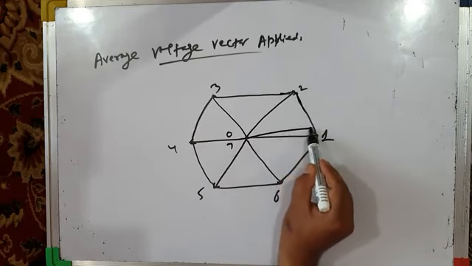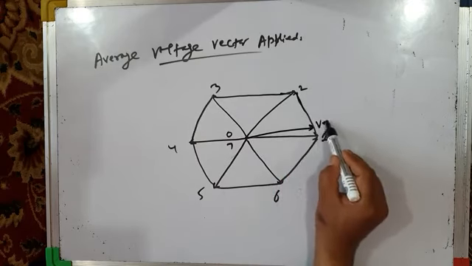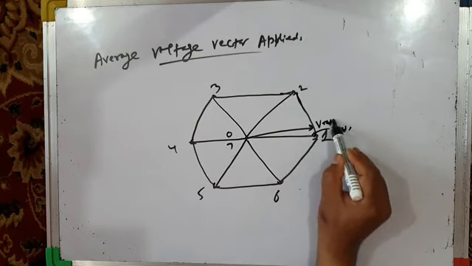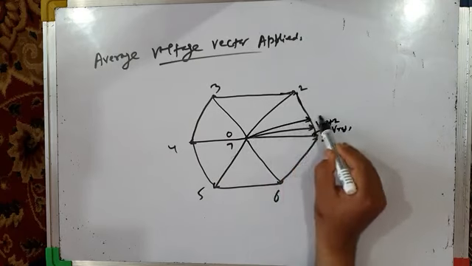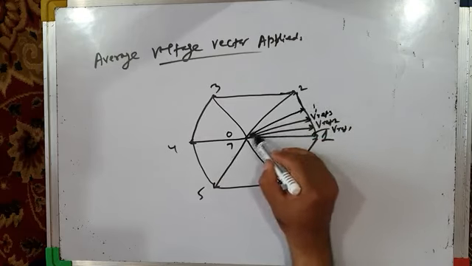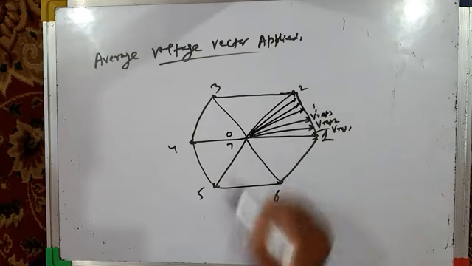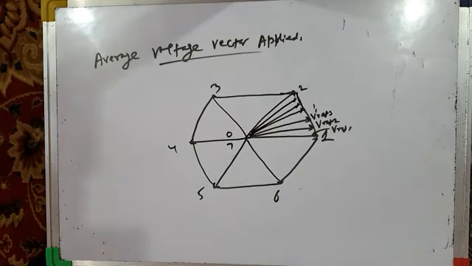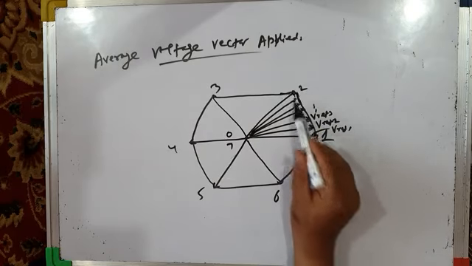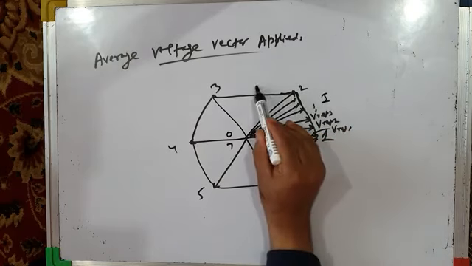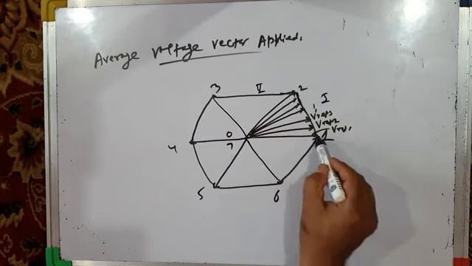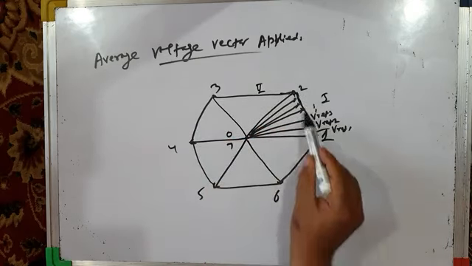This is Vref1, this is Vref2, Vref3, and so on, Vref4, 5, 6, and so on. So your Vref moves along the sector 1 boundary. This is your sector 1, sector 2, sector 3, 4, 5, 6. When you join the tips of these space voltage vectors, you get a hexagon.